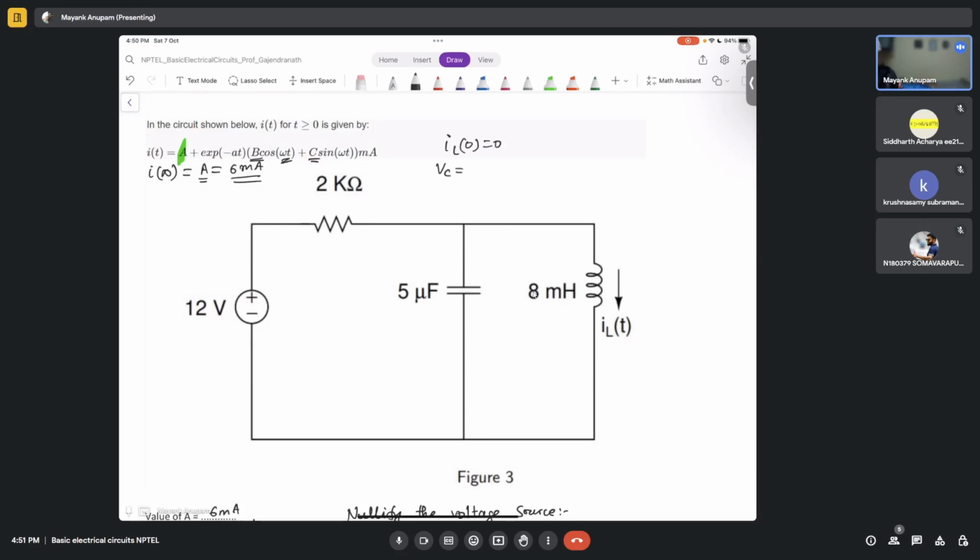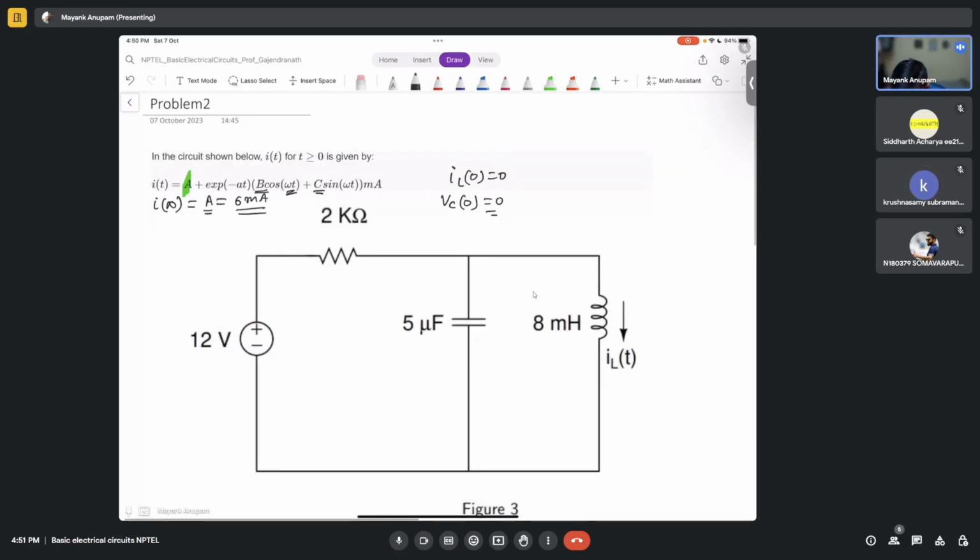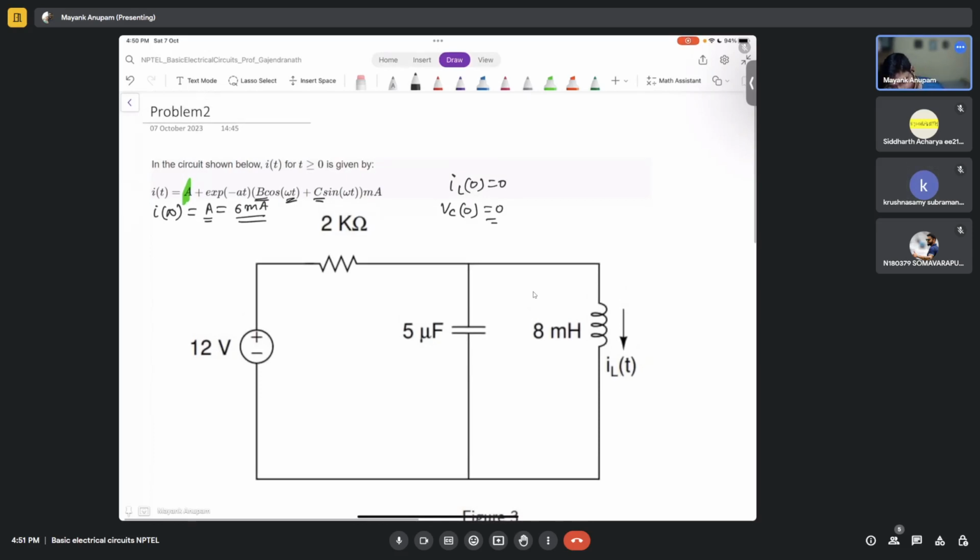Also we assume that VC of 0 is 0. So if IL is 0, then what is the value of B and C?